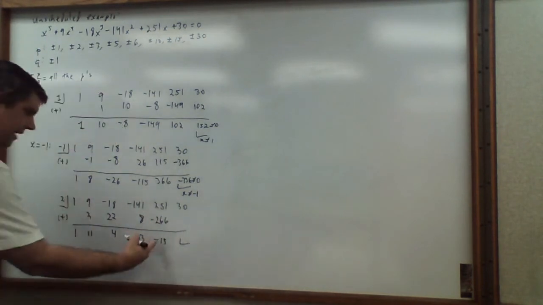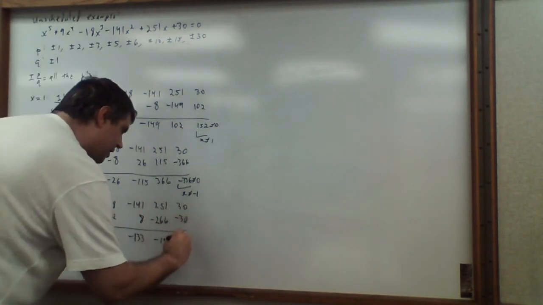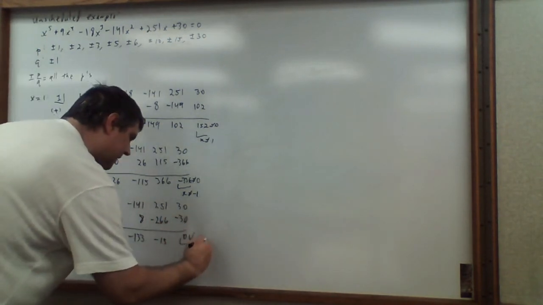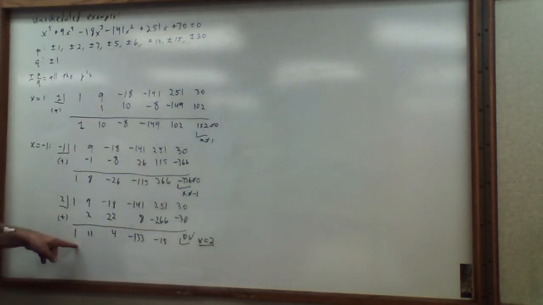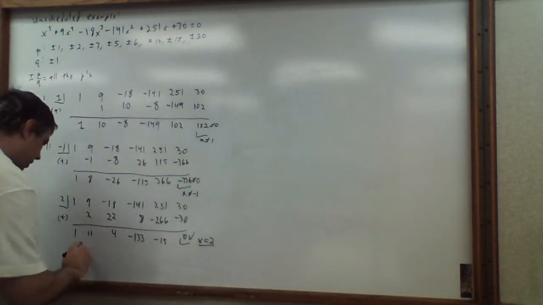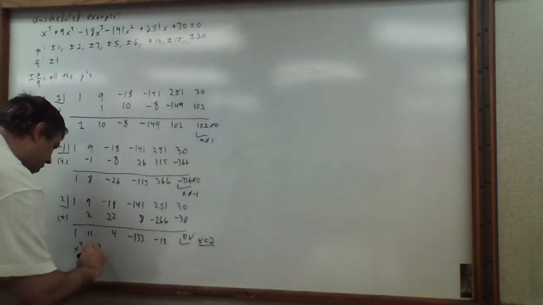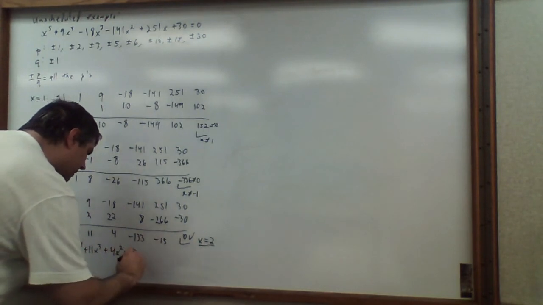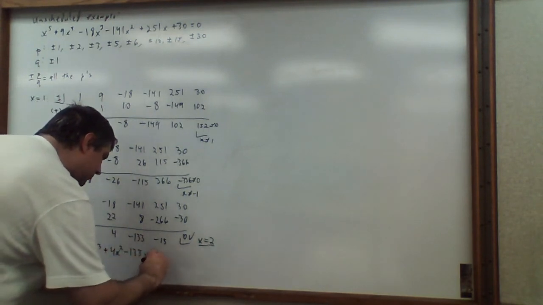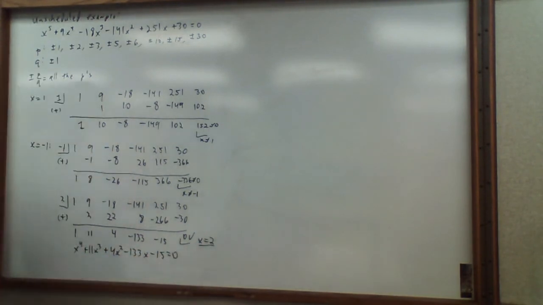And 2 times negative 15 is negative 30, that's 0. So x equals 2. We also have a quotient: x to the fourth plus 11x cubed plus 4x squared minus 133x minus 15.